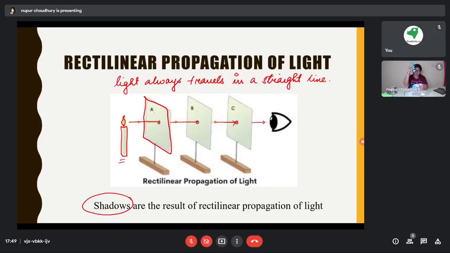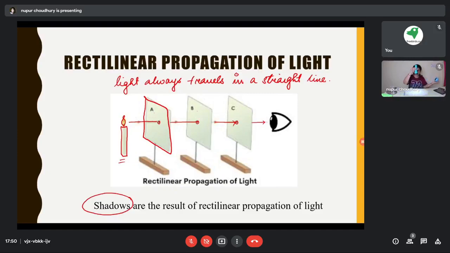Now if I'm trying to focus a ray of light onto this particular ball, because this ball is an opaque object, it is blocking the way of the ray of light, and it is creating a shadow below on the table, if you can see. On the table it is making a shadow.